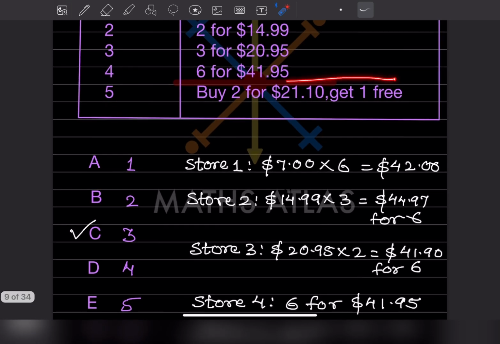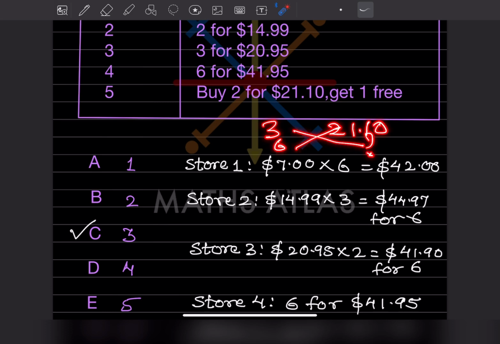Now again, now look at this one, the store 5. So buy 2 for $21.10, and you will get one free, means total for 21.10 you will get 3. So 3 for 21.10. So for 6, whenever we are cross multiplying this one, so this will be 6 into 21.10 divided by 3.